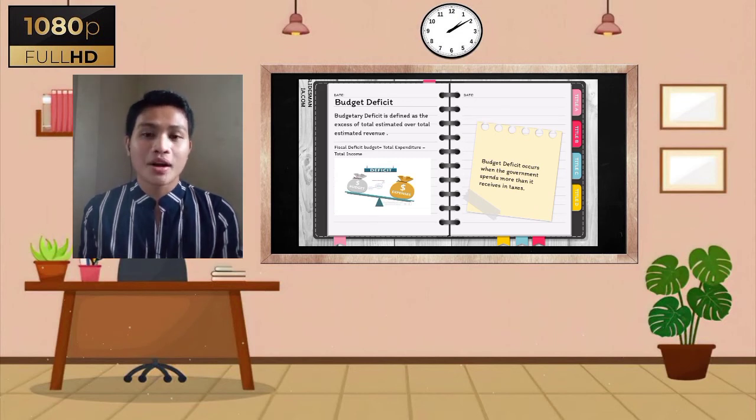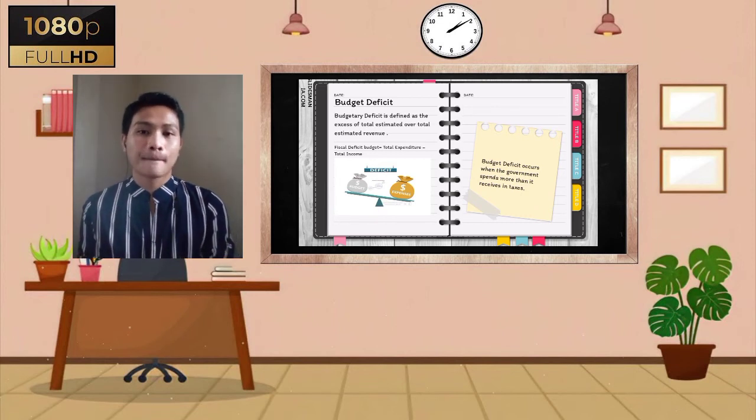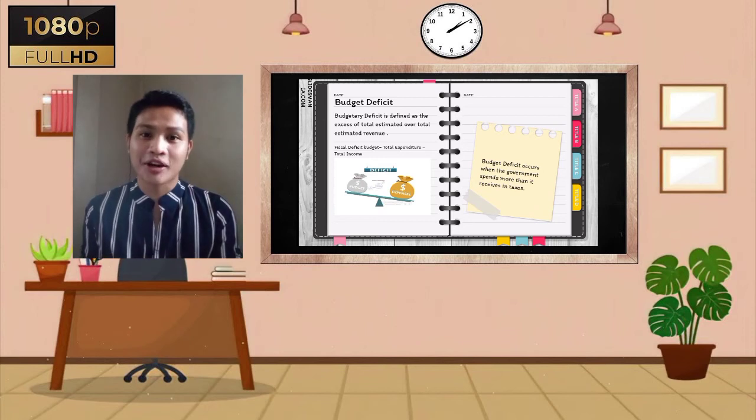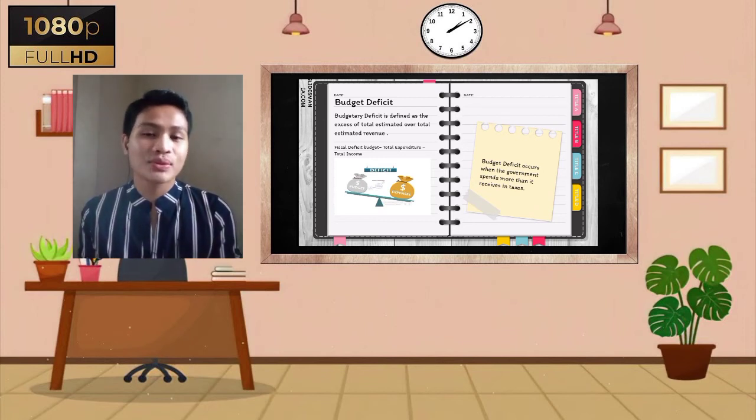Especially as we are having a vaccination, it is the government who plans to borrow money from other countries because we lack budget in emergency funds. So a lot of disasters and phenomena have happened in our country that actually result in budget deficit.